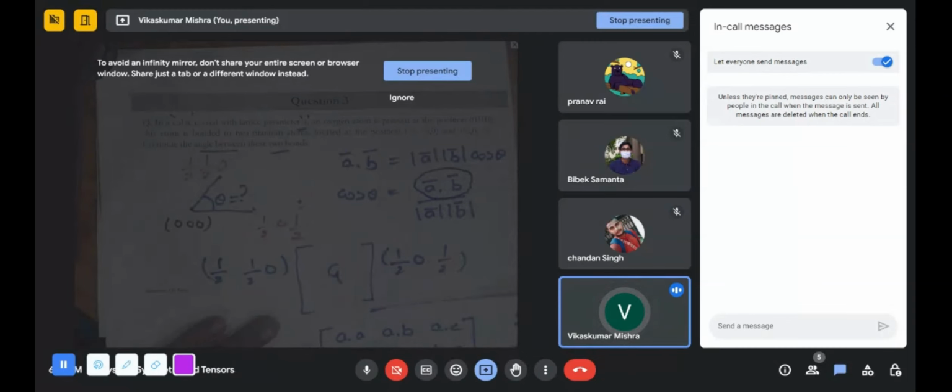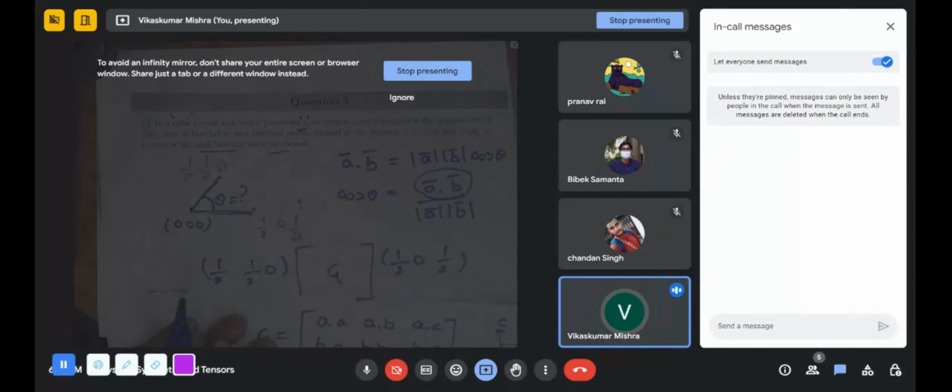Now we need to find the magnitude of A and the magnitude of B. It is also very easy to find the magnitude of A, for this particular case of the cubic crystal.